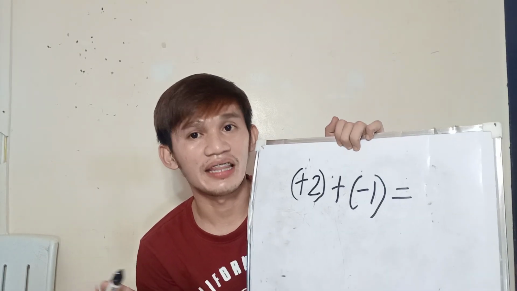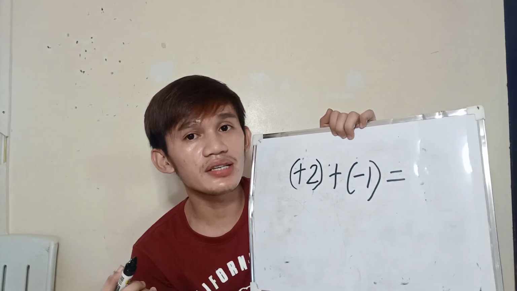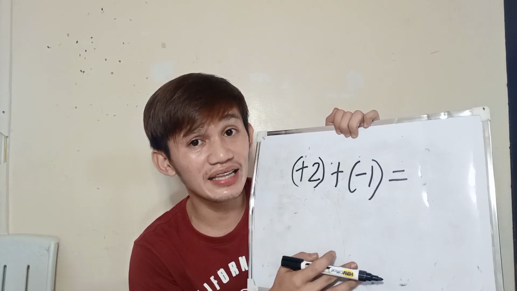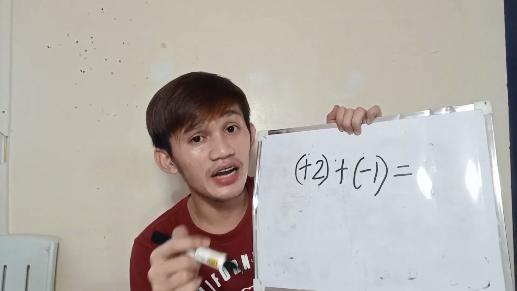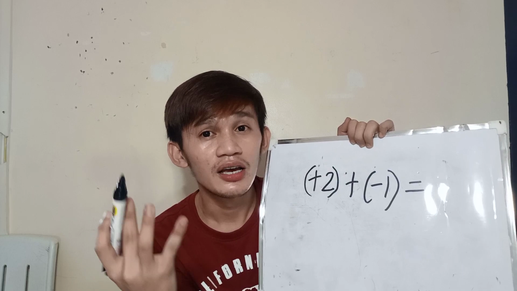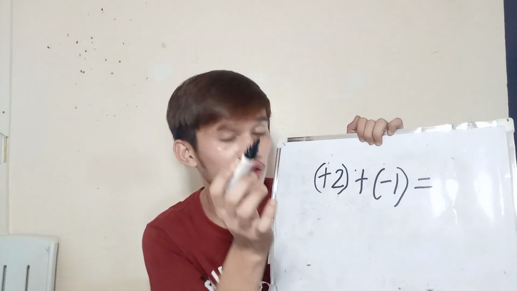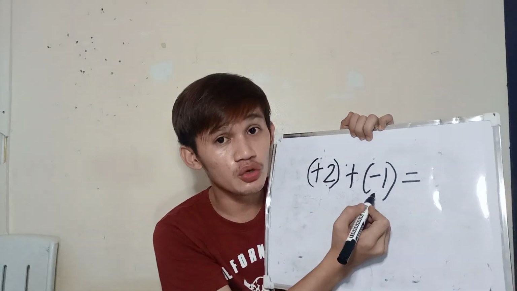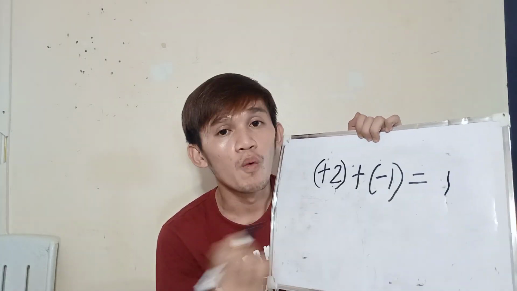They are different signs. The first one is a positive integer, while the second one is a negative integer. So from the song, different sign, subtract. You are just going to subtract them. So 2 minus 1 is simply 1.